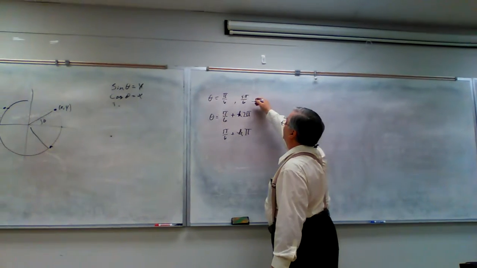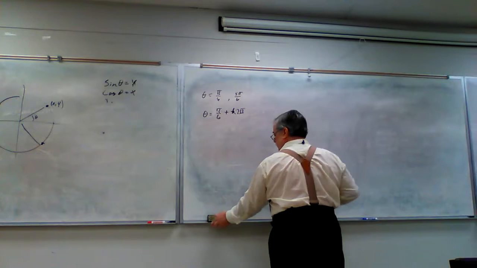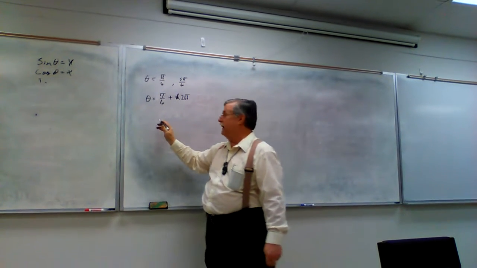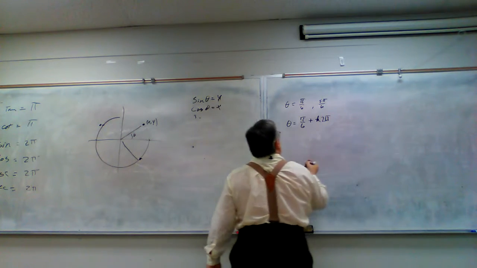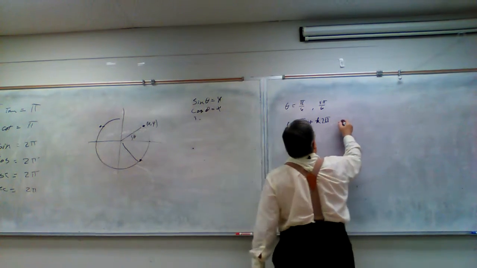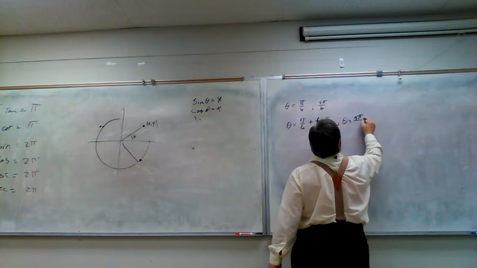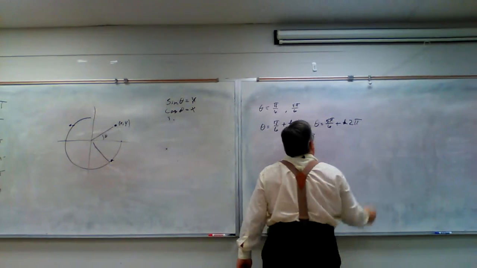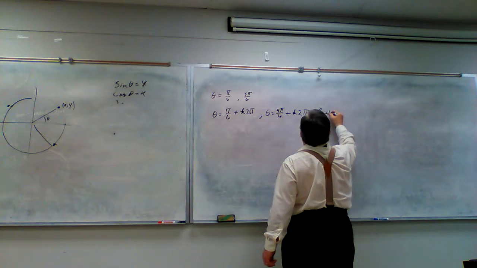Now, in this case, where you have two solutions, because you have an original function that has a period of 2 pi, then you would write theta equals pi over 6 plus k times 2 pi, and theta equals 5 pi over 6 plus k times 2 pi, for k any integer.